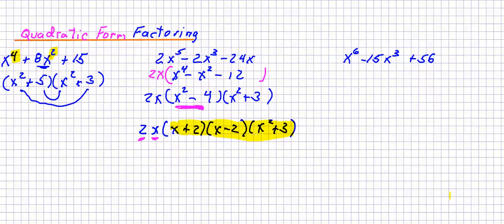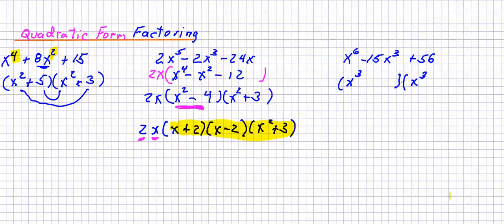X to the 6, minus 15x cubed, plus 56. There is no common factor. X to the 6th, even, half of 6 is 3. It's in quadratic form. We hopefully can factor it.